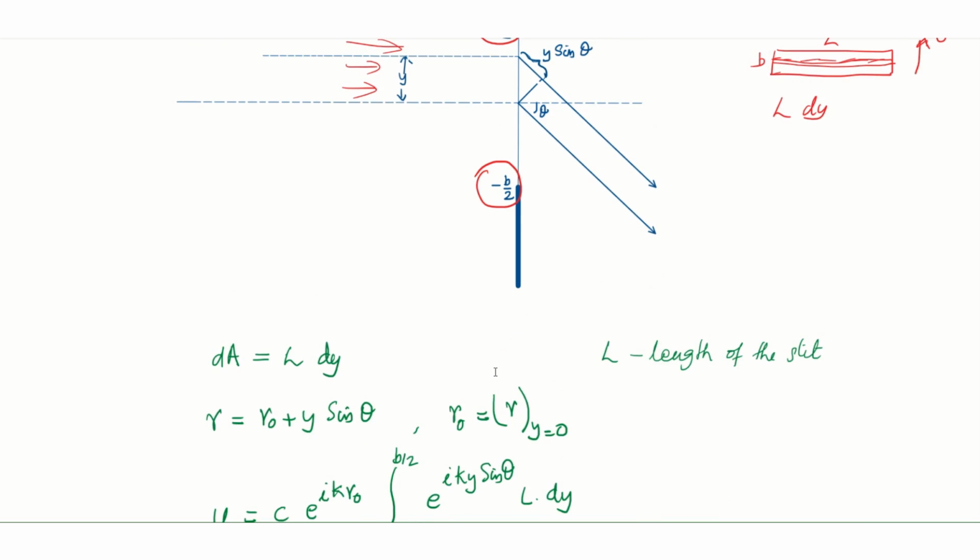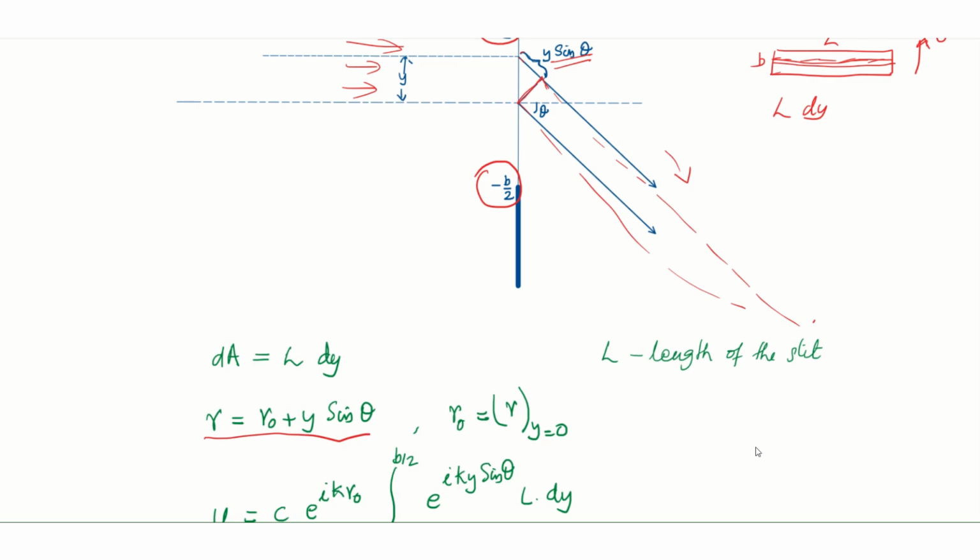And also, considering the geometry, these two waves are going to go to a point P, and the difference in length from here to the point P is y sin theta, or R is R0 plus y sin theta.